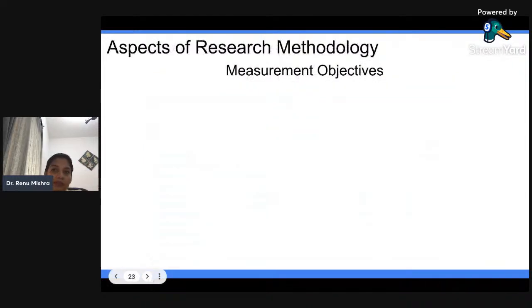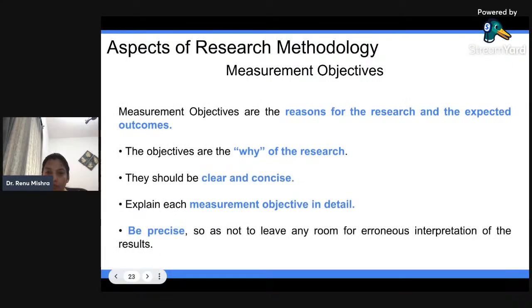Okay, now we'll be talking about some various aspects related to research methodology. First is measurement objectives. I'm sure all of you must be clear about what measurement objectives are. These are those reasons because of which you are conducting your research. I mean, these are the expected results you like.